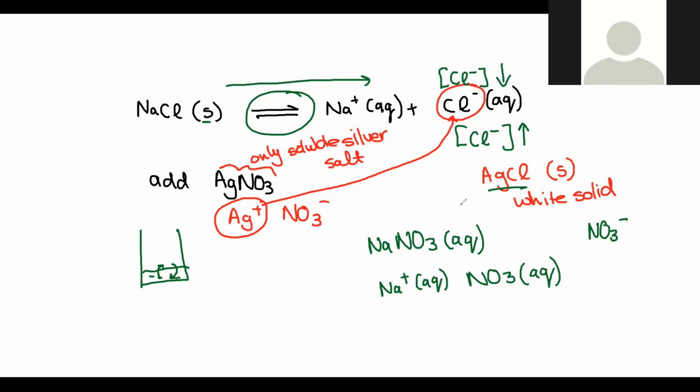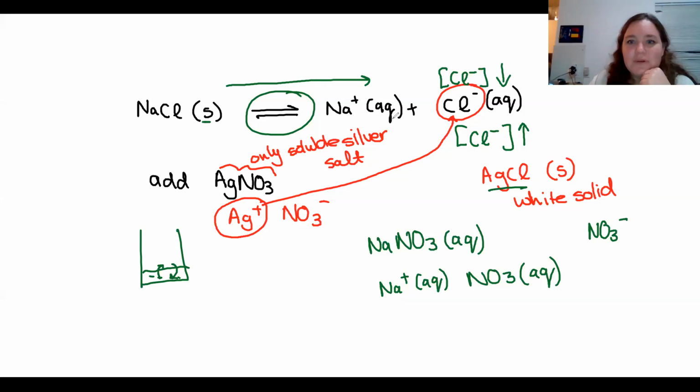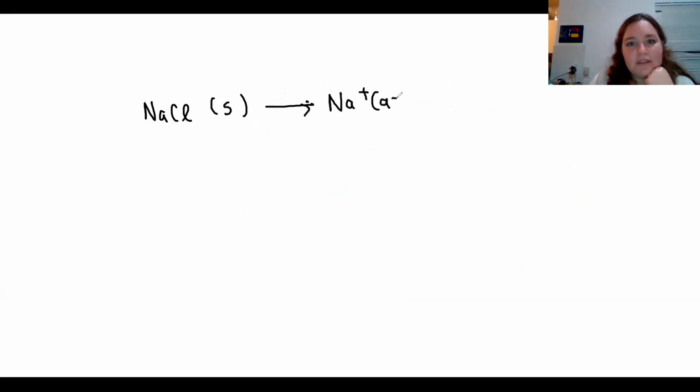Okay, so basically, for the previous example, we had the chloride in the products, and then we added the HCl. So we had NaCl, solid, and then we broke it down into Na plus aqueous and Cl minus aqueous, yeah?